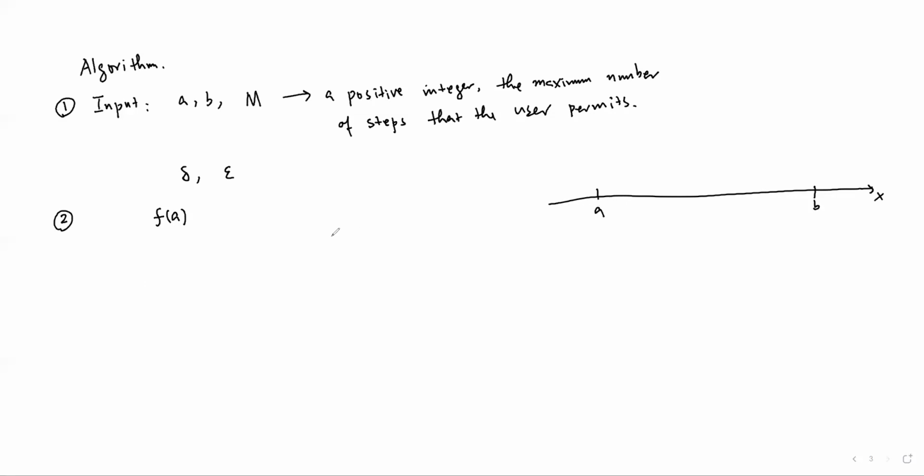Evaluate the function value at A, then store the result in the variable U, and then evaluate the function value at B, then store the result in V, and also evaluate the length of the interval, B minus A, and then store the result in E. E means error.